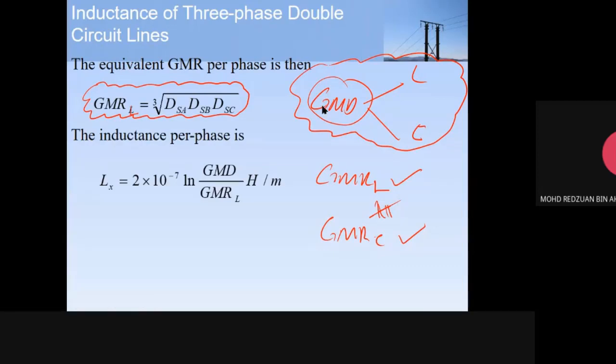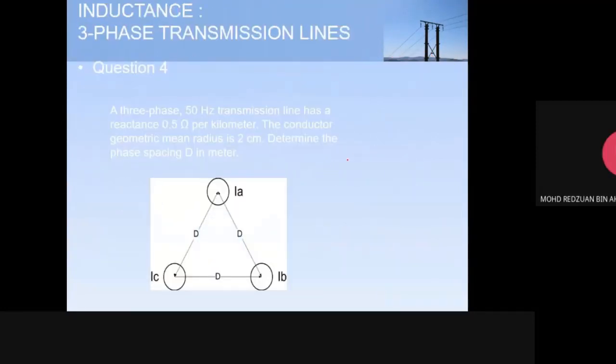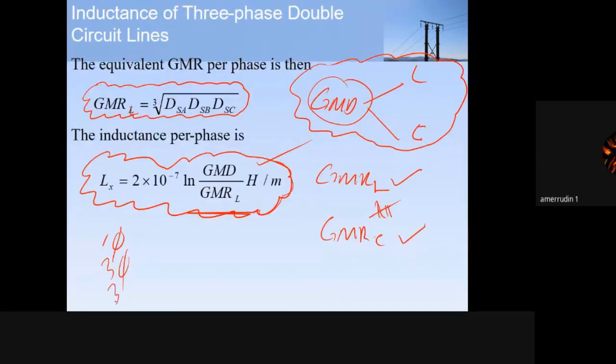Okay. So now we can use our general equation to calculate inductance per phase of this transmission line, either three-phase or three-phase double circuit. Use the same equation, whether three-phase symmetrical, unsymmetrical, or three-phase double circuit, as long as you know what this GMD, geometric mean distance, is.